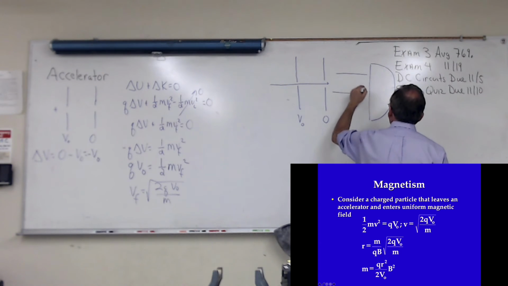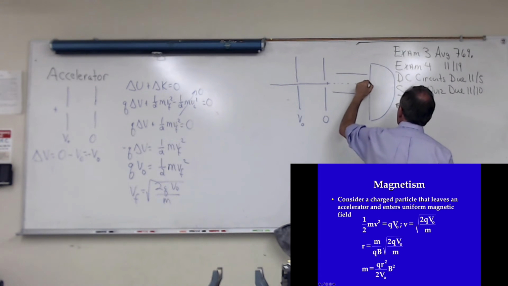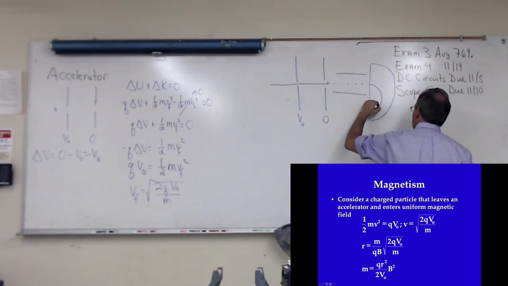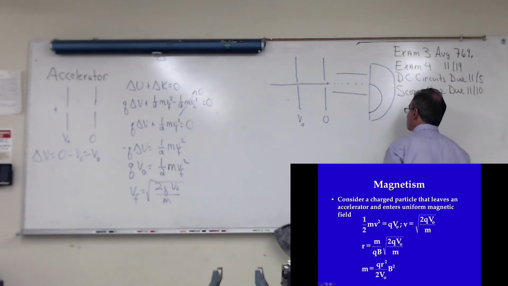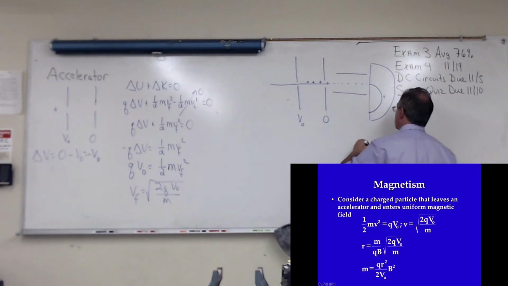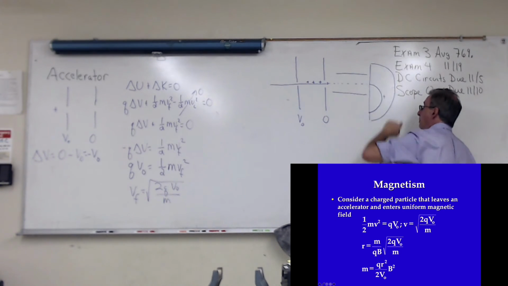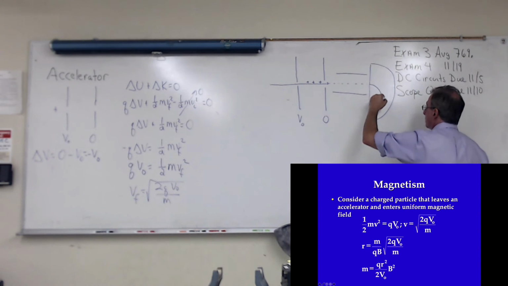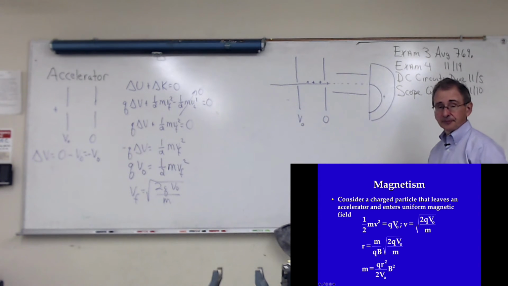And when I do that, the particle is going to go straight through, and the magnetic field is going to bend it into a circle. We're going to choose a magnetic field such that its direction is perpendicular to the velocity vector. So I can bend the particle into a circular path.